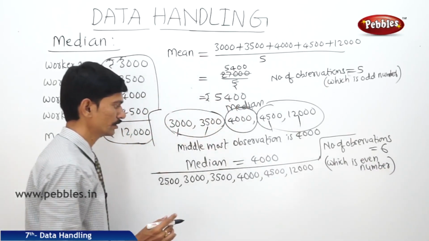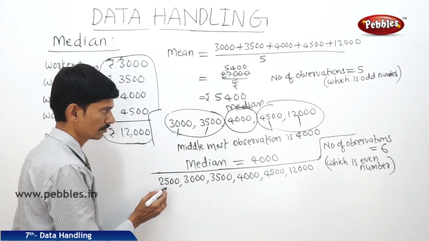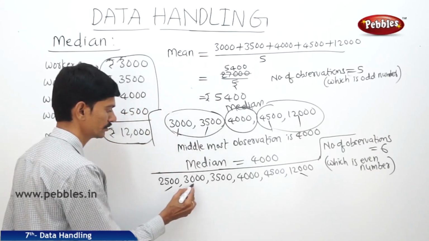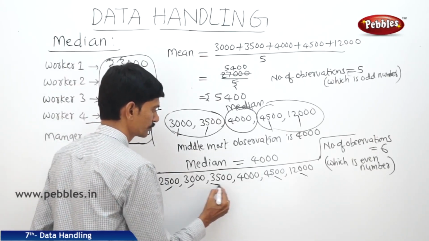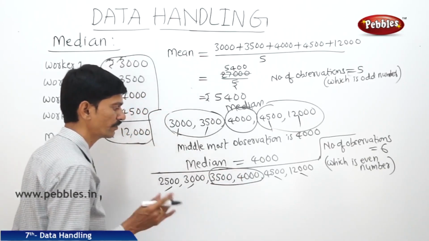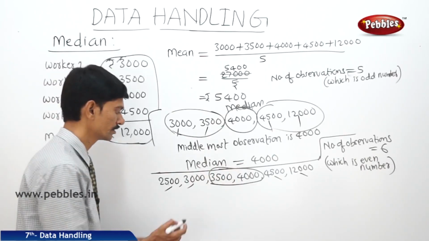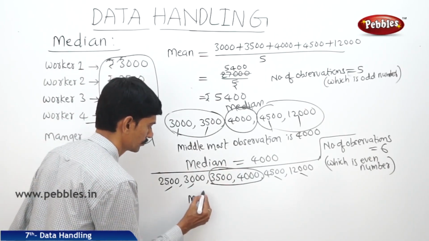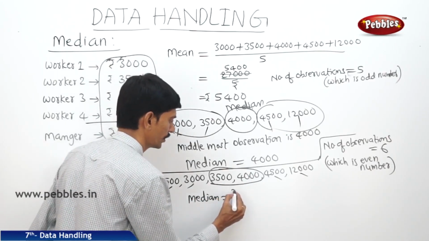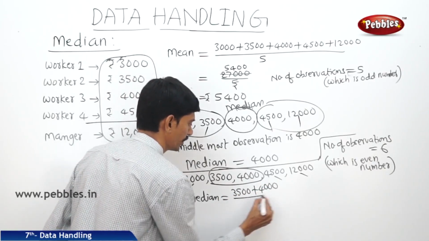Now here also we have to find the middlemost observation. So take one observation from both left and right to find the middlemost observation. So there are two middlemost observations, 3500 and 4000. Then we find the average of these two middlemost observations. So the median equals the average of these two middle observations, that is 3500 plus 4000 by 2.